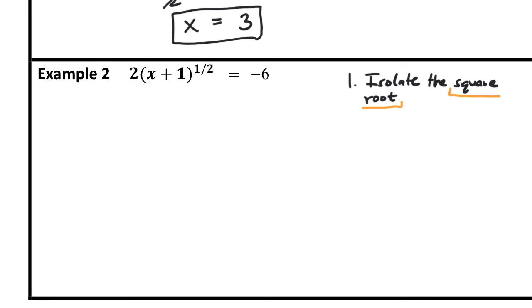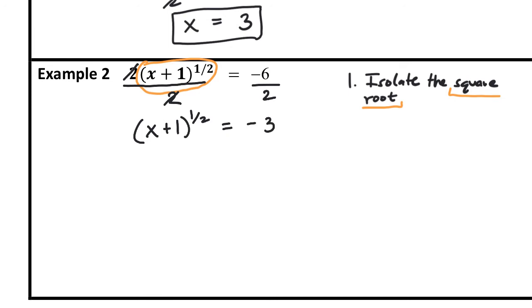So the square root is this part right here. So how do I get it by itself? There's a 2 in front, right? So how do I get rid of the 2? I would divide both sides by 2. That would cancel the 2 in front there. And so that would leave me with x plus 1 to the 1/2 equals negative 3.